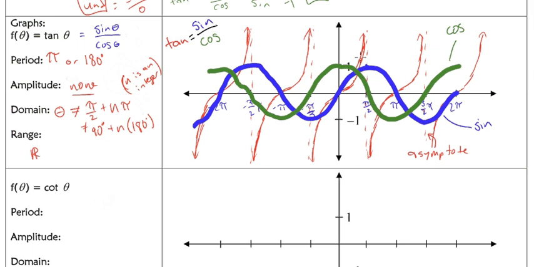But now let's get into why it is heading up towards the positive, towards infinity. If we went just a little bit to the right, say pi over 4, for example, somewhere right in here, that might be where these two cross.